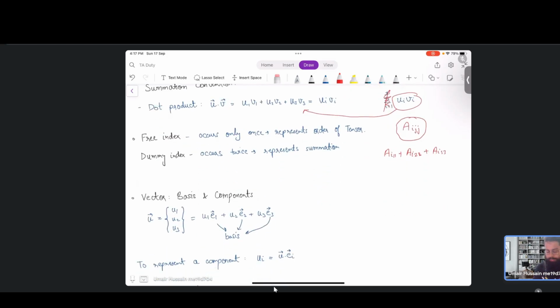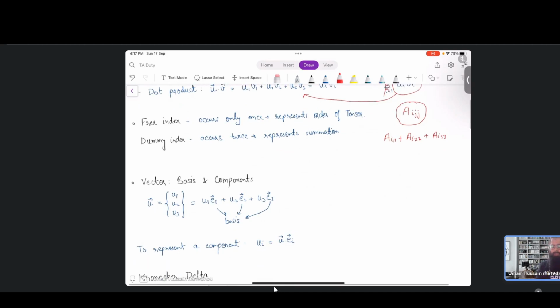Then we move on to vectors. It's the definition of the vector. I think we had studied a long time ago that a vector is any quantity that has a magnitude and a direction. The basis of any vector represents its direction. So it consists of two parts: a basis and the components of the basis.